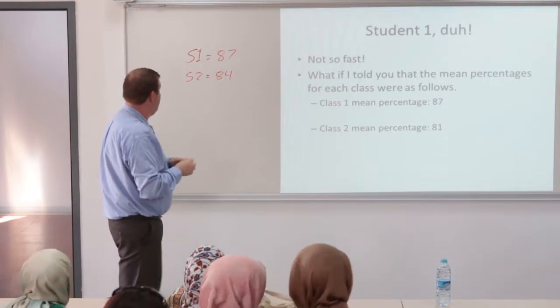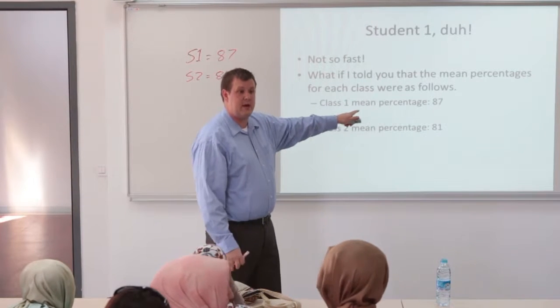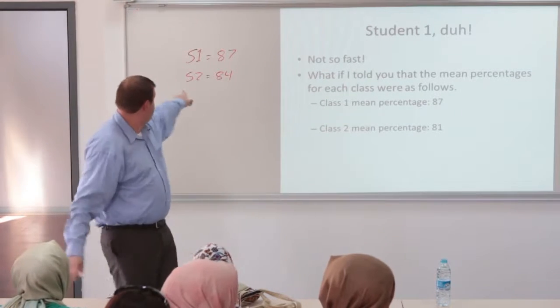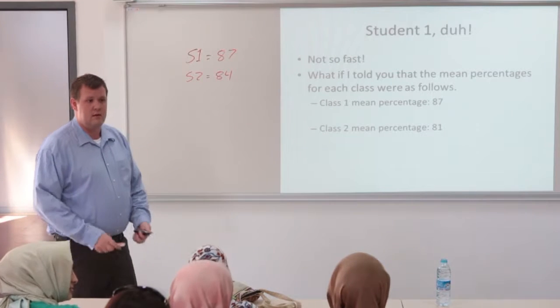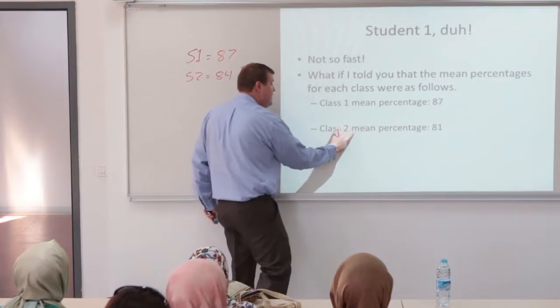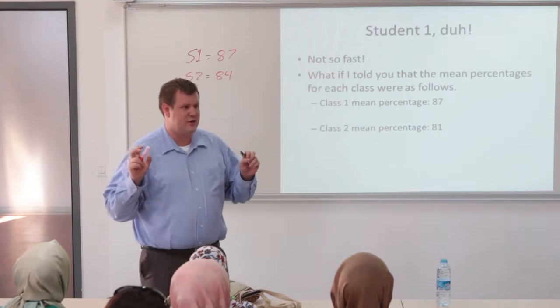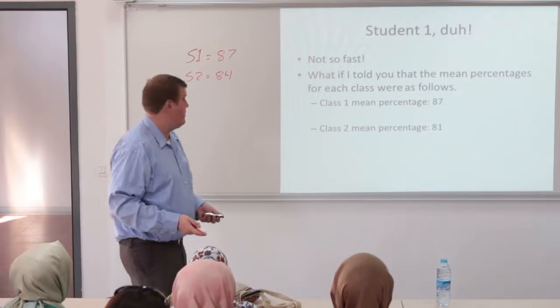All right, so we know what the students got, and now we know the means for the classes that they were in, right? So you said that we should accept the second student. Why? Because she's over average. So this student actually did better than the mean in that class, right?